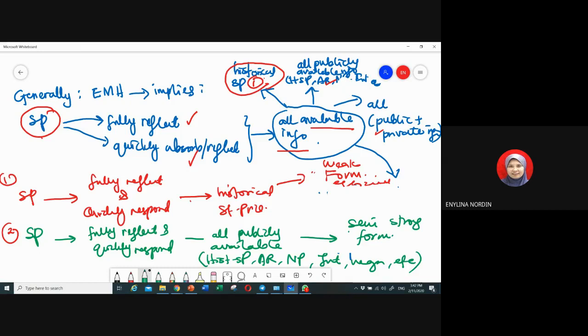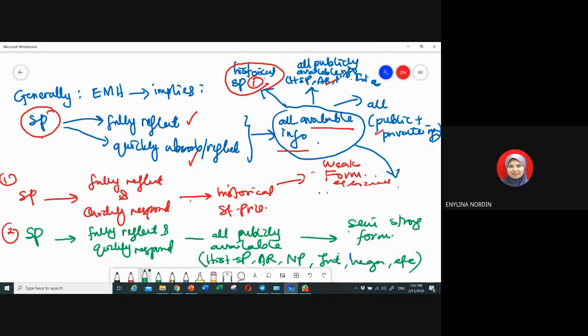Because the level of information has increased. The information absorbed by the stock's price has increased from the historical stock price. Now it's absorbed all the public information available in the market. So that's why it upgrades to semi-strong form.